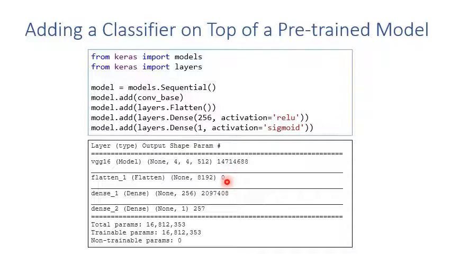And then we flatten the feature map and use a dense layer to transform the data into the final output sigmoid function. Now the total number of parameters in the model is around 16.8 million.